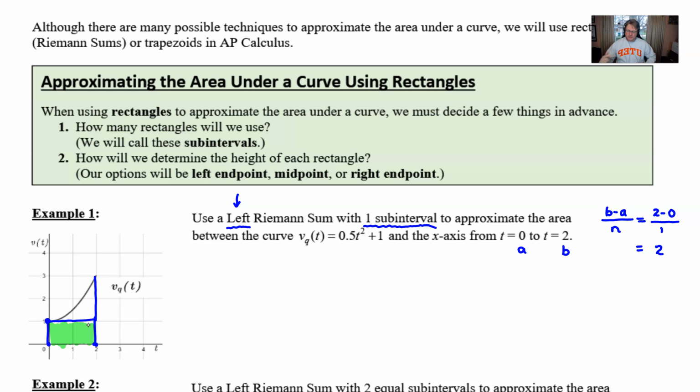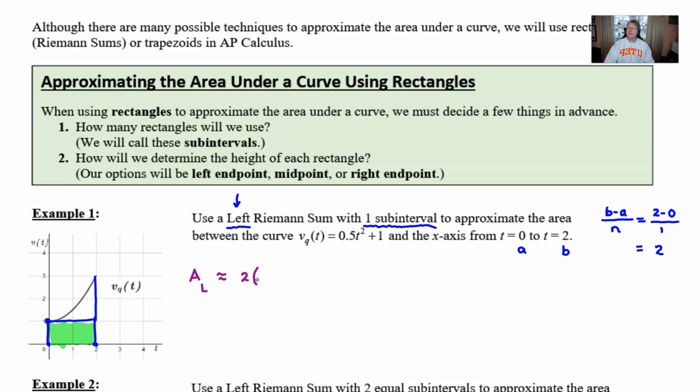And so if we write this up, our area, sometimes I like to use a subscript that denotes what kind of Riemann sum I'm using, L in this case. So this area using a left Riemann sum would be approximately equal to, well, all I would have to do at this point is figure out the width of this particular rectangle, which we already said was b minus a divided by 1, which is 2.